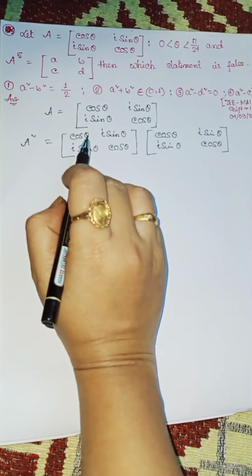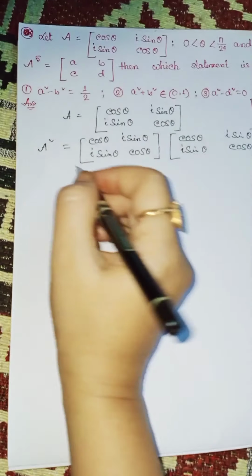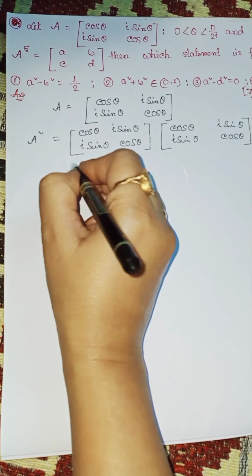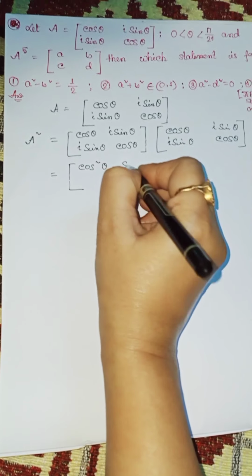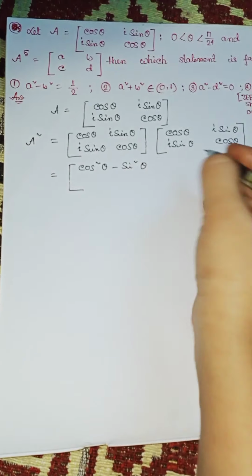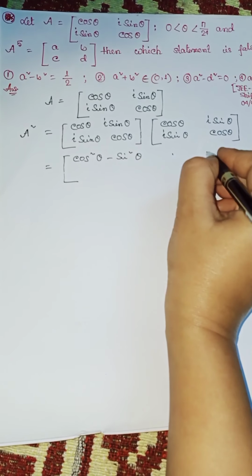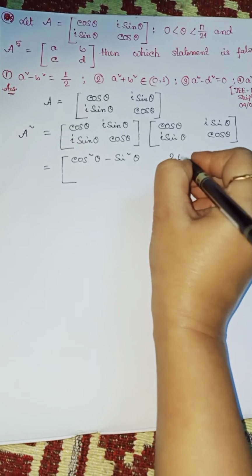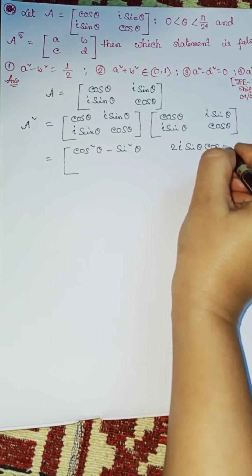Multiplication rule is row with column. First row, first column: it becomes cos square theta minus sin square theta, and it is i cos theta sin theta plus i cos theta sin theta, so it is 2i sin theta cos theta.